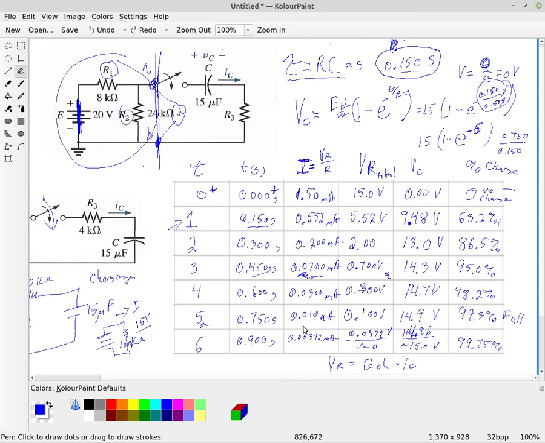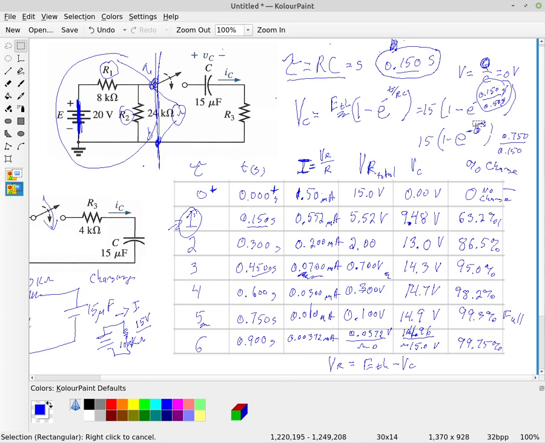All right, so that is the charging of the capacitor. Again, the time constants come from the fact that you end up getting an integer in this equation up here in your e term. That's the magic of the time constant.